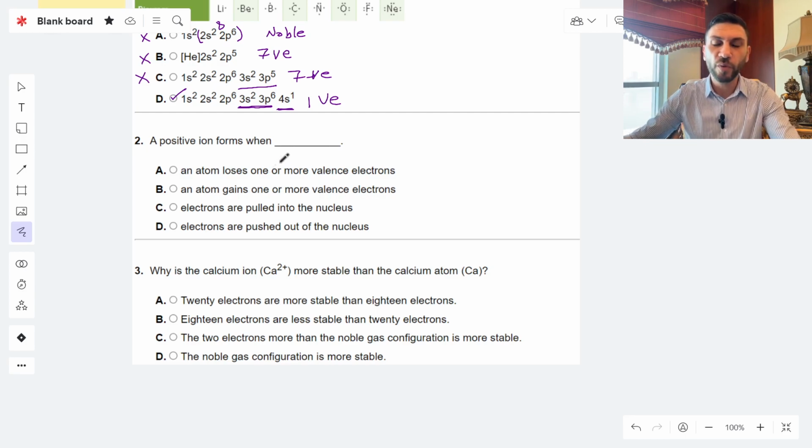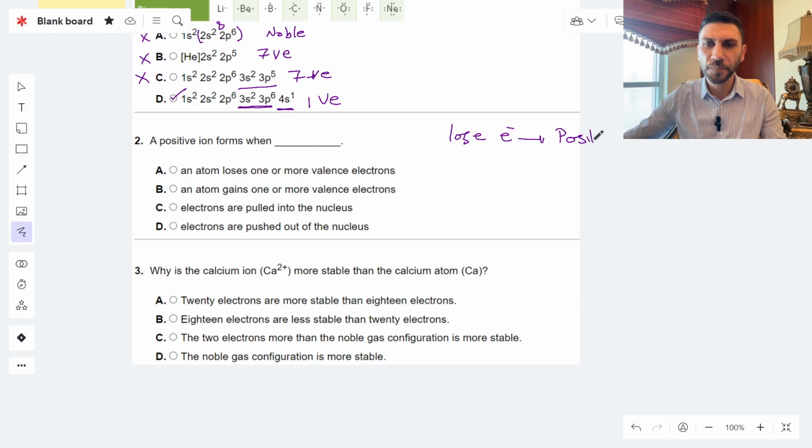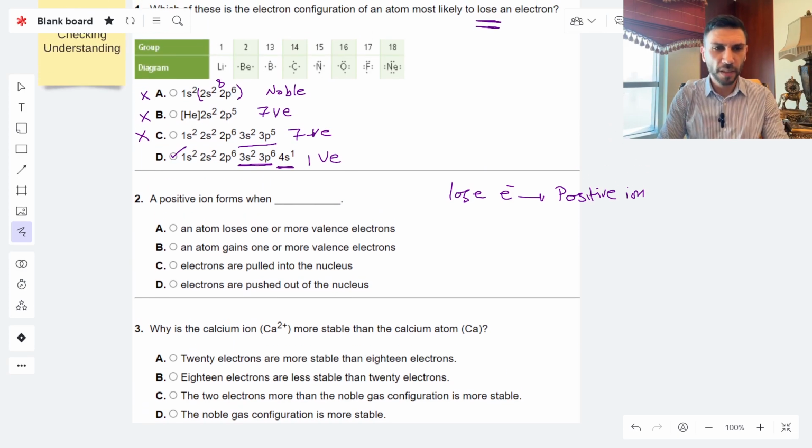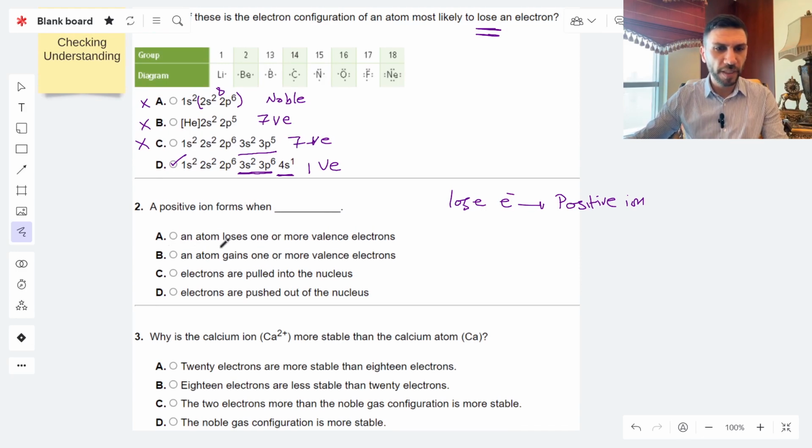A positive ion forms, without reading the options, when we lose electrons. Losing electrons will form a positive ion. So it should be an atom losing one or more valence electrons.